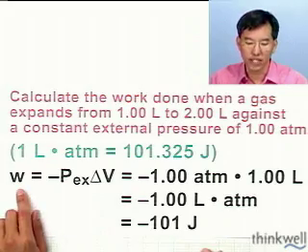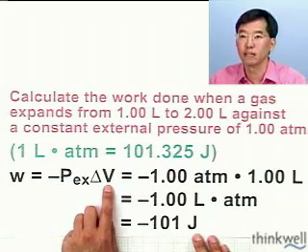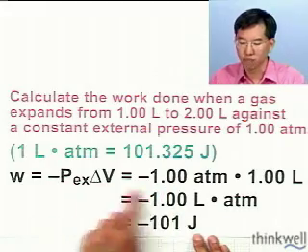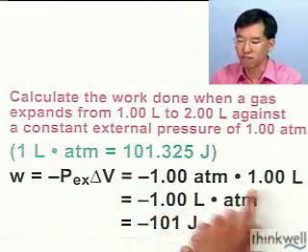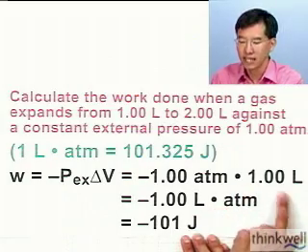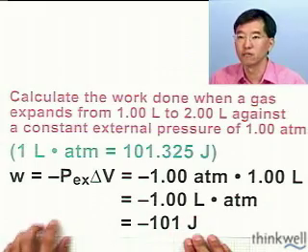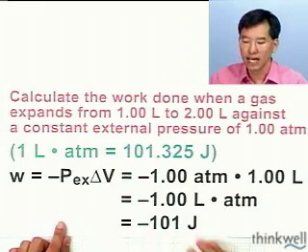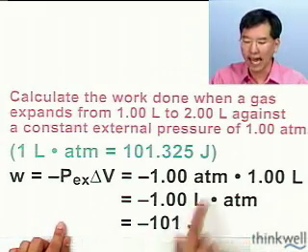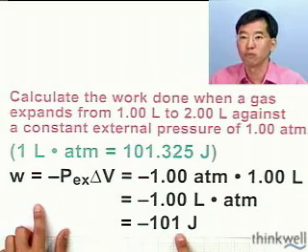Now, using our equation for work, which is equal to minus the external pressure times the change in volume, the external pressure is 1 atmosphere. The change in volume is 2 liters minus 1 liter, or 1 liter. And so the work done is minus 1.00 liter atmospheres. And then using our conversion factor and correcting for the number of significant figures, the work done is minus 101 joules.